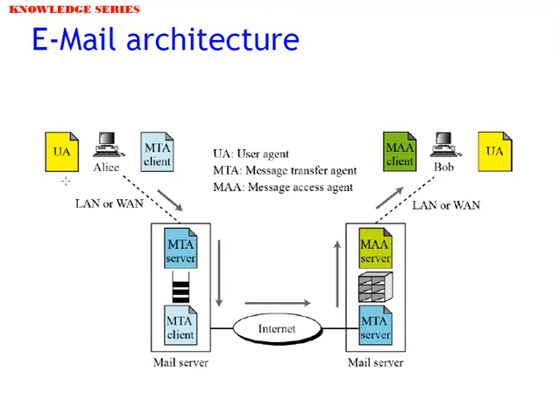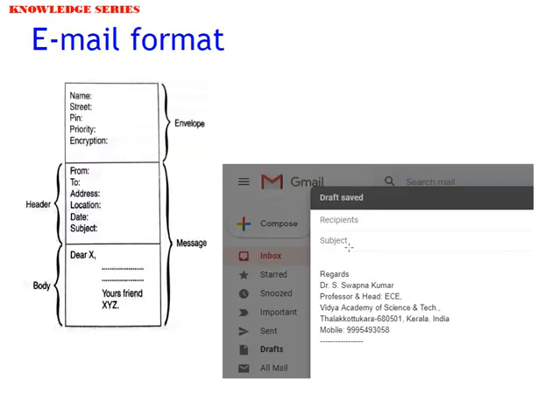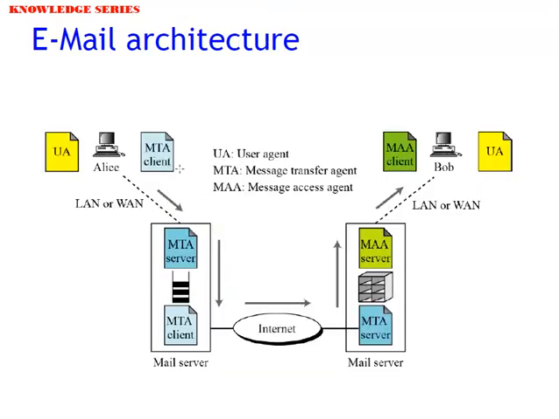So one agent is for creating a message, and the other, the MTA, is for transferring it. Once transfer is triggered, the message is sent automatically through the mail server. Here the MTA is a client, so it will transfer Alice's message to the MTA server.